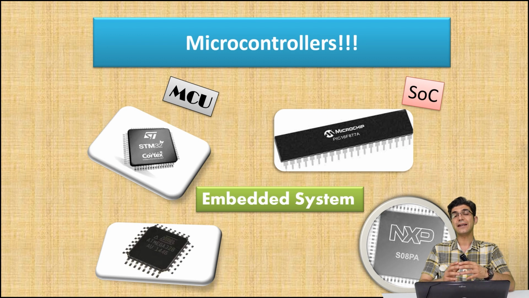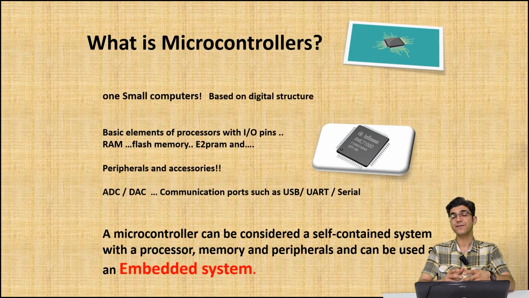Of course, they also have some peripherals like an ADC, analog to digital converter, or a DAC, digital to analog converter, and sometimes communication ports like USB, UART and serial ports.